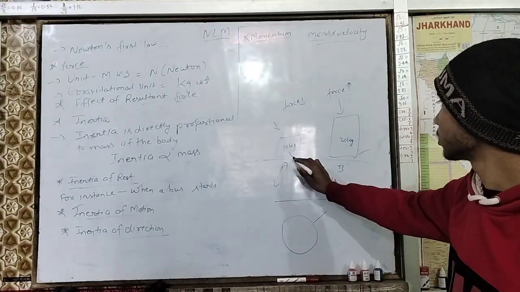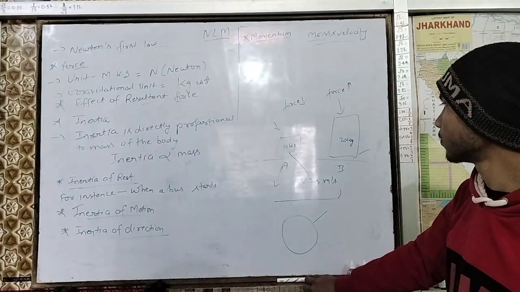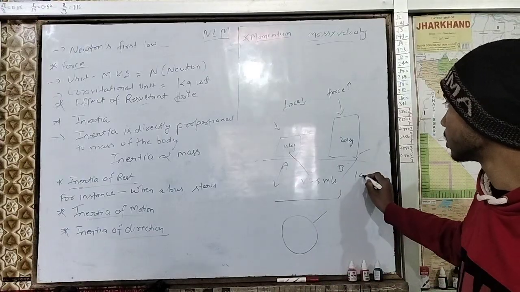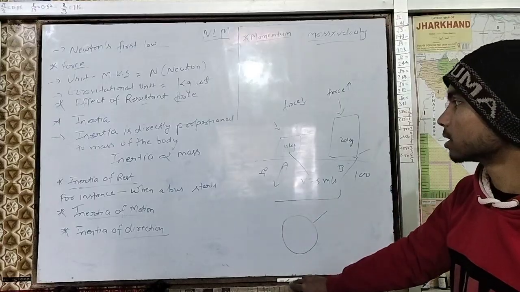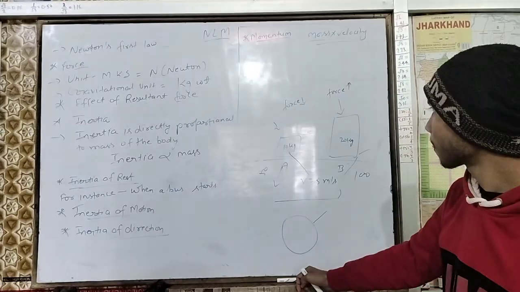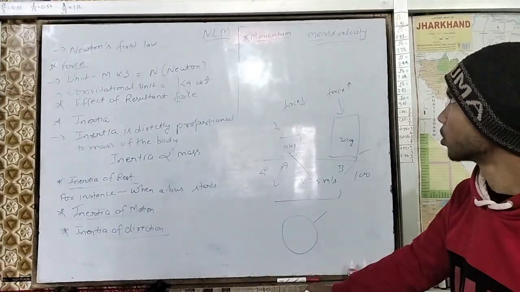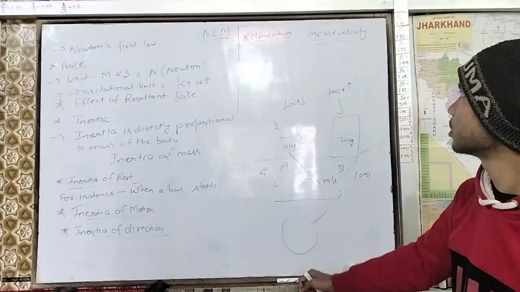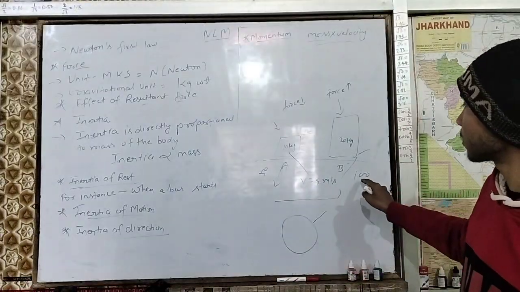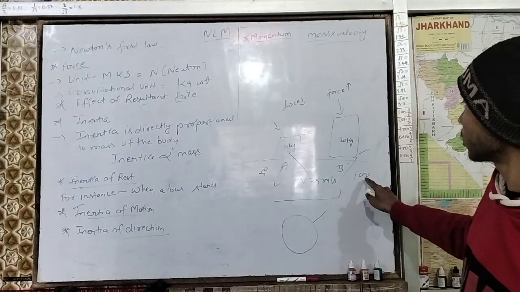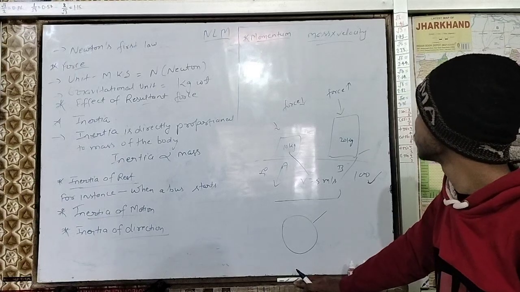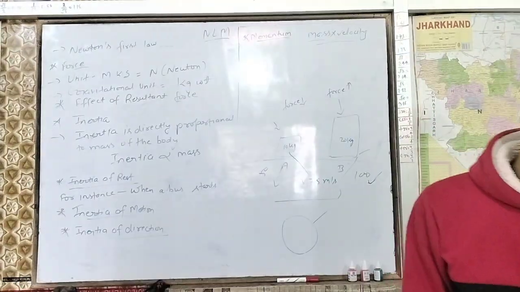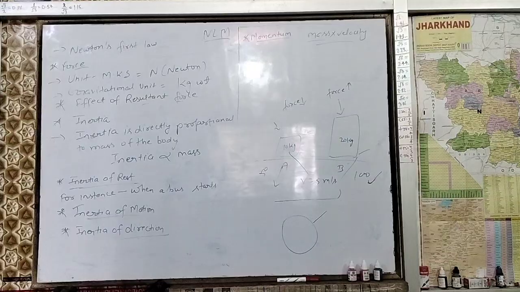Here you can see momentum for this object will be 50 and momentum for this will be 100. So here 50 is less, it means momentum is less. Over here momentum is more, 100. Just understand it is the amount of magnitude and direction.